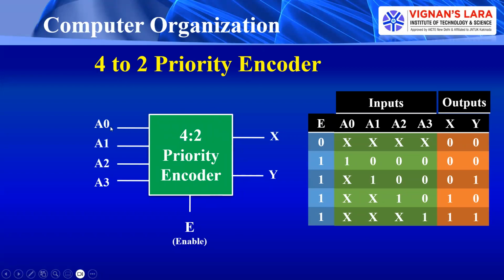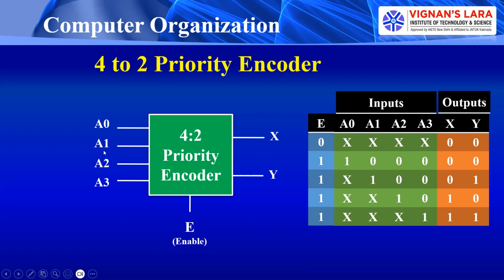This priority encoder produces a code for A0, which has the lowest priority, only when the higher priority inputs A1 to A3 are not active. See here, A1, A2, A3 all are 0. Then and only then will this encoder produce the valid code 0, 0 at the output.